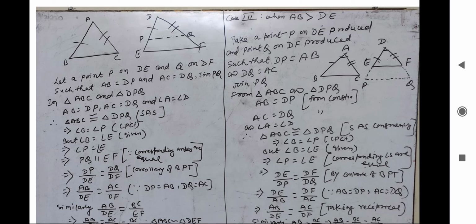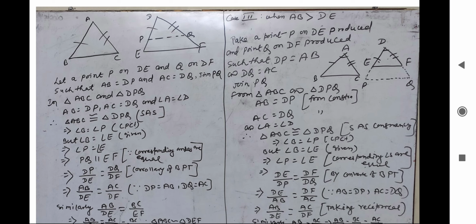So by taking reciprocal, we say AB by DE equal to AC by DF, and similarly AB by DE equal to BC by EF equal to AC by DF. So hence triangle ABC similar to triangle DEF.